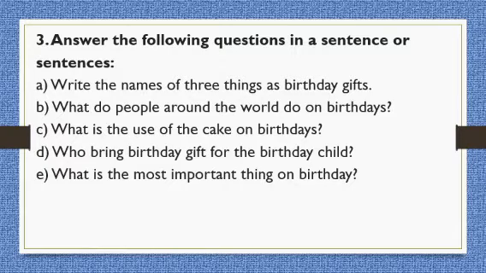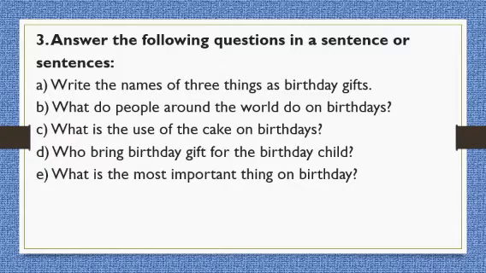Okay, number E. What is the most important thing on a birthday? There is another problem also. According to that question, you can go to the passage and see that in the last sentence they mention exactly that type of sentence. That's why you should follow the last sentence to answer the question.